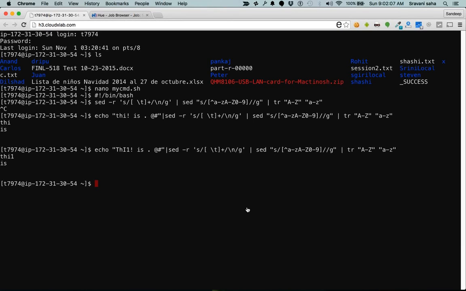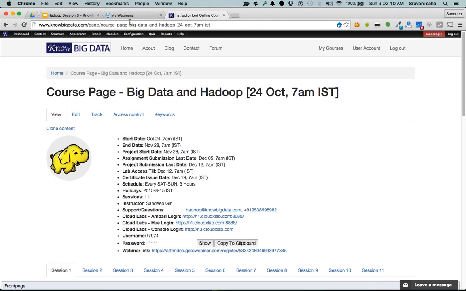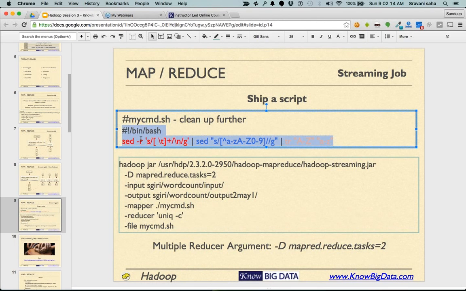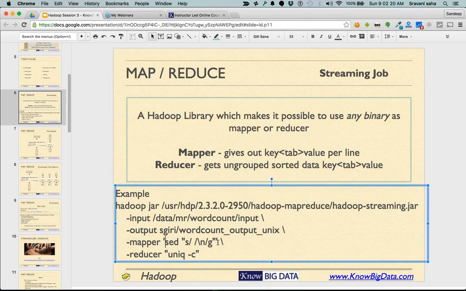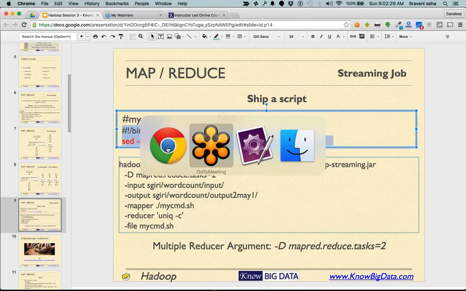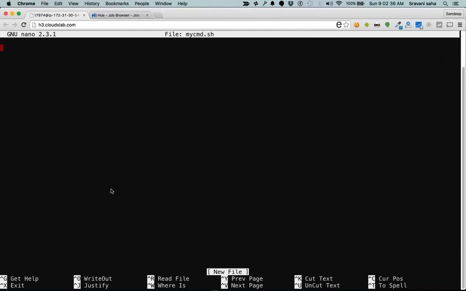You can run each of these individual commands with echo and you will find what exactly each one is doing. Now we cannot provide a pipe here. We'll have to create a separate file containing this and then run it. Okay, so nano mycmd.sh.